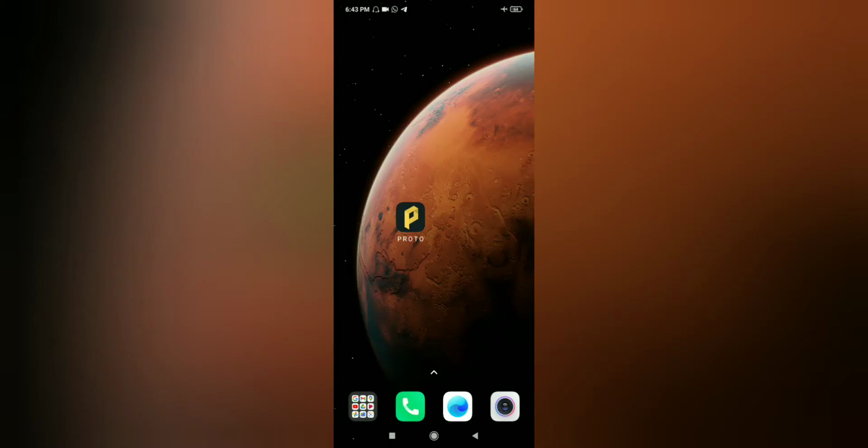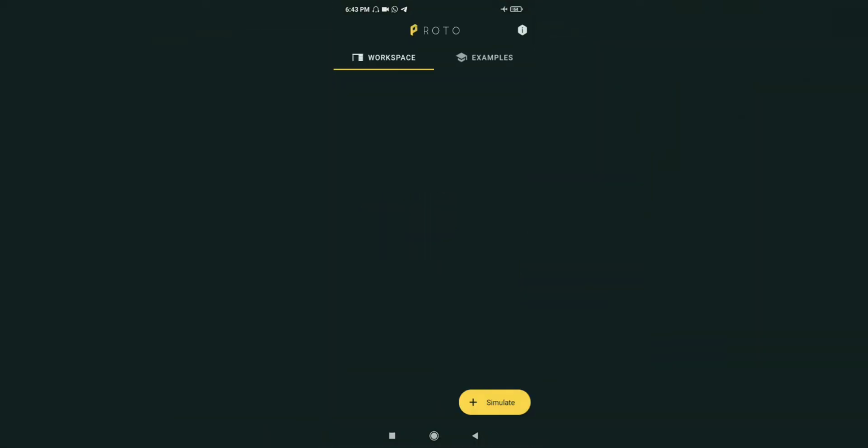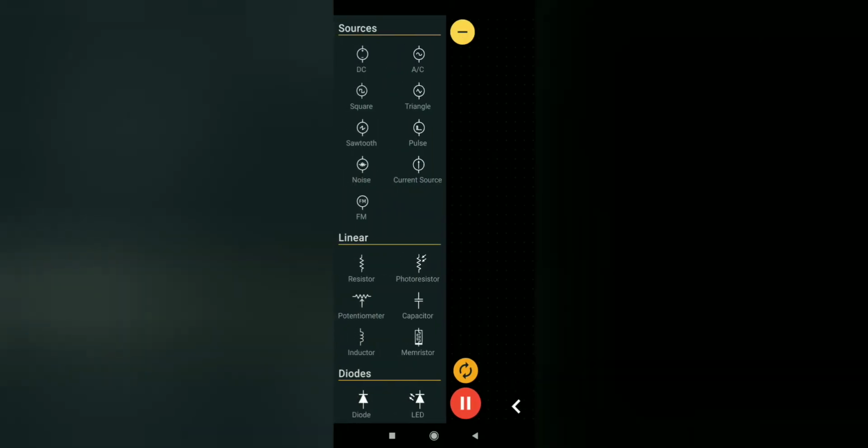See the same simulation of the full wave rectifier using Proto software. This is the workplace where we draw the circuit diagram and simulate it.